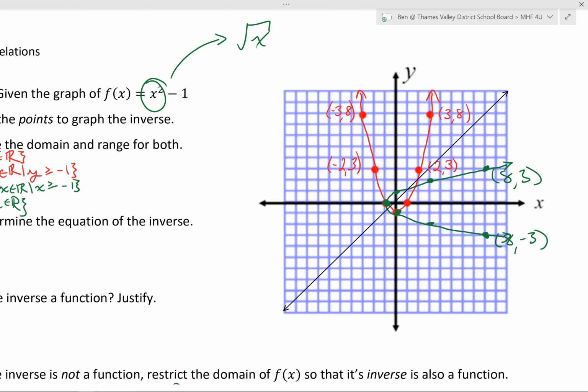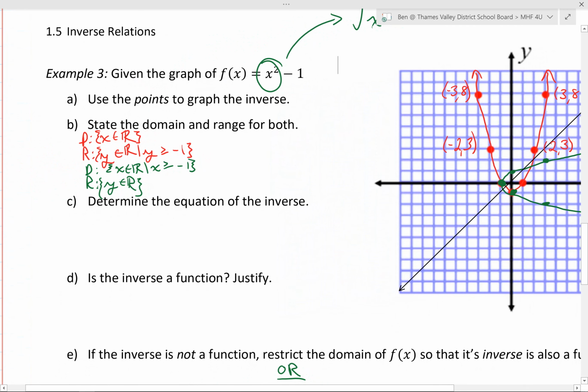Okay, so let's try and algebraically find it. We're working with f(x) equals x squared minus 1, and we want to interchange or switch x and y, right? Again, we must write this in. Once we've done that, we're working with x equals y squared minus 1.